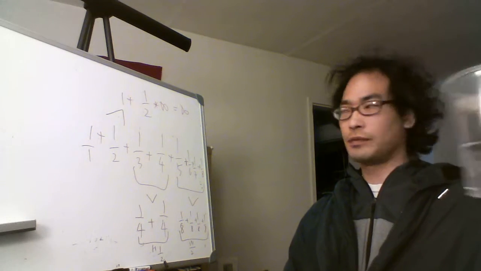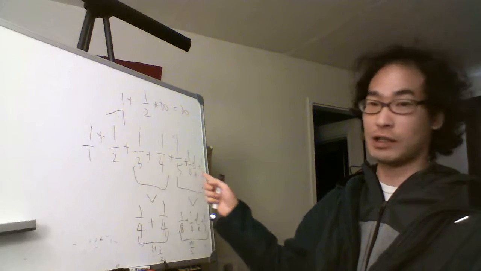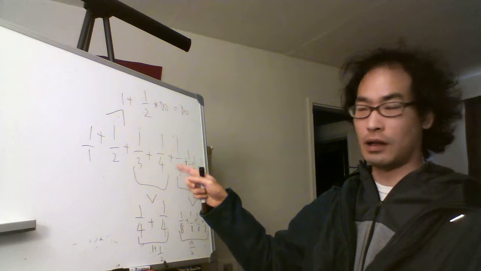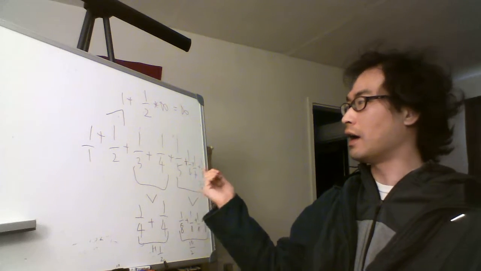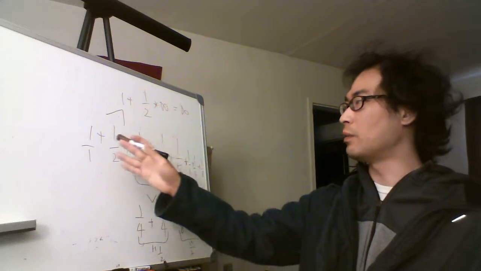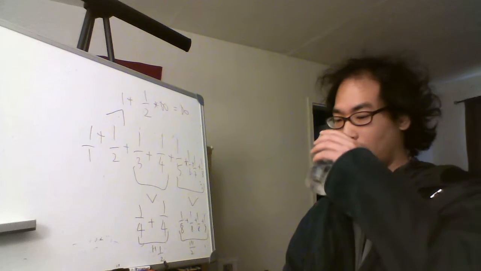The nth component in this harmonic sequence is 1 over n, and as n goes to infinity, it becomes 0. But the series, if you sum them up, can diverge.